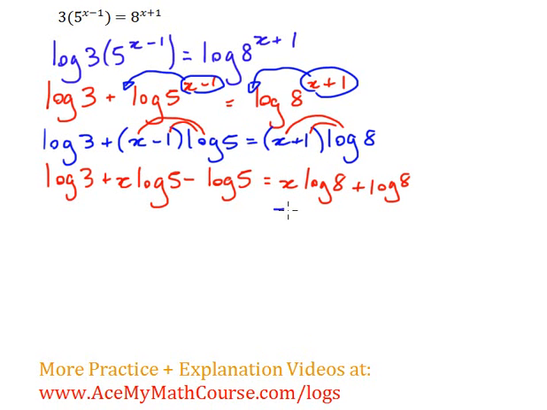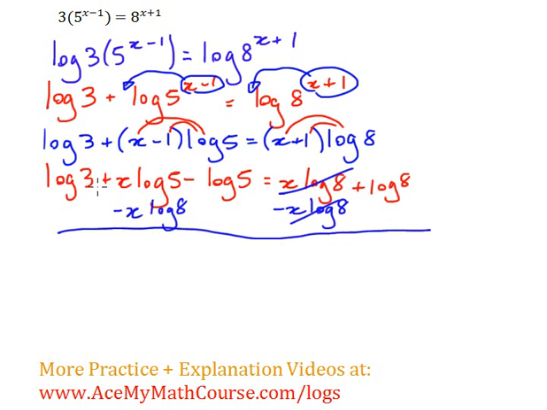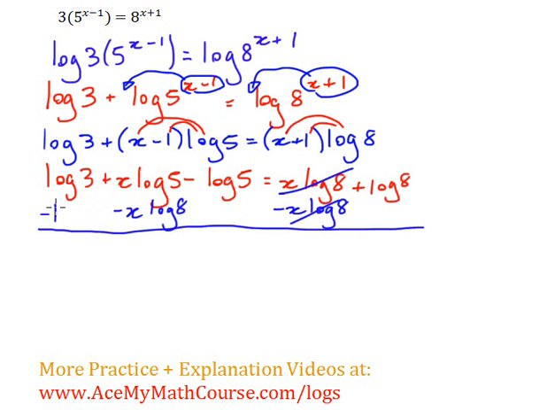So let's just subtract the x log 8 here. Those cancel out. And then I'll bring over the log 3 and the log 5 to the right-hand side by subtracting log 3 from both sides and adding log 5.